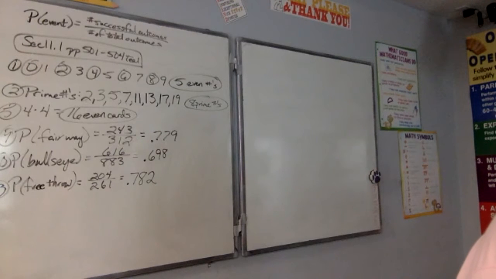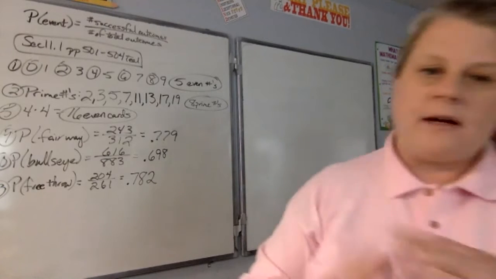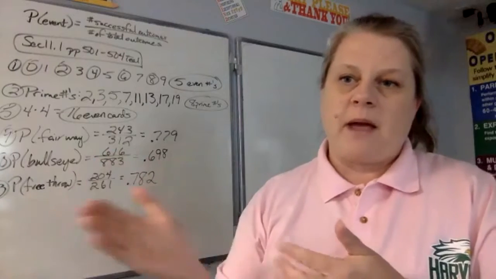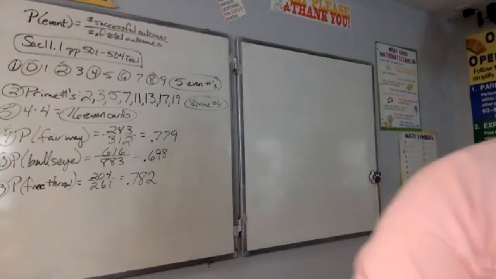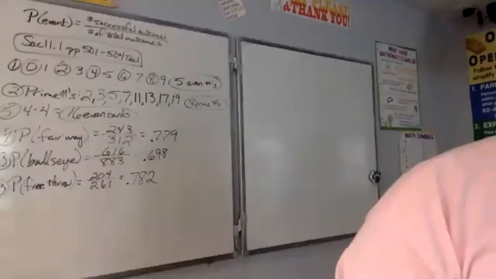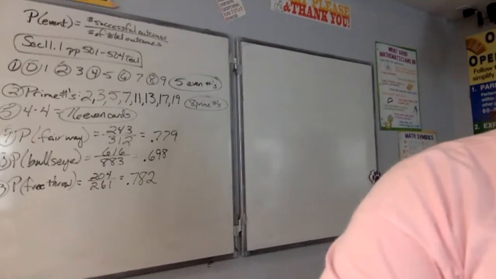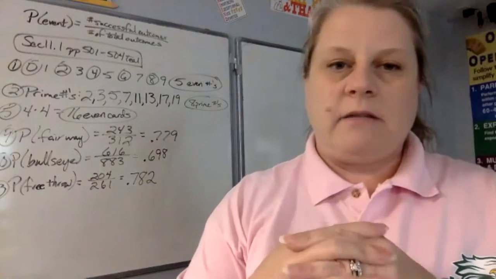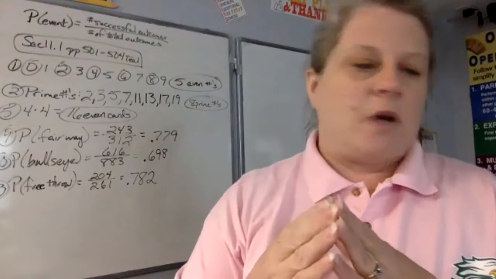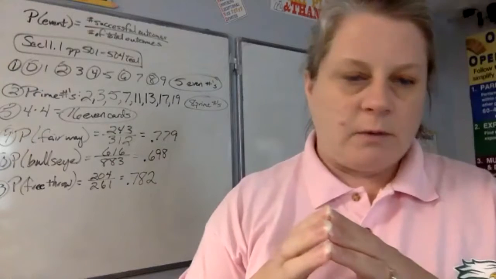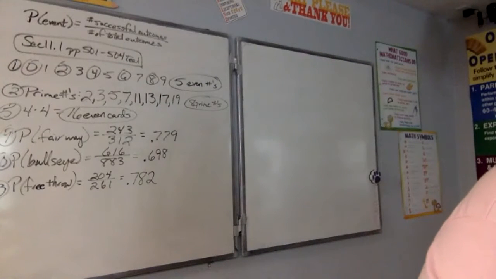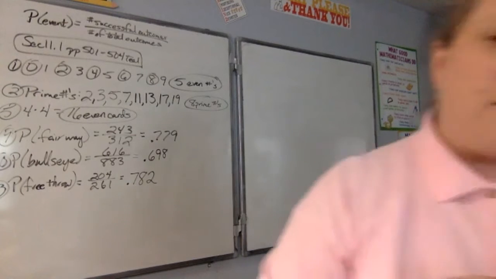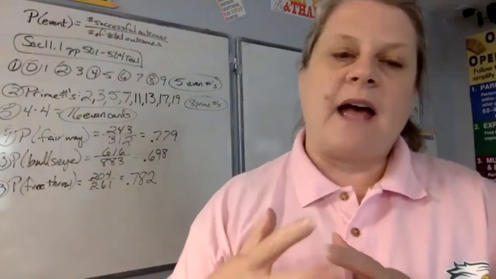For probabilities to be valid, we had some basic rules at the top of page 498. So just flip back a couple of pages. I don't like rules. Up at the top of page 498, there are some basic rules for probability. The probabilities all have to be between 0 and 1. Also, if I add all of them up in a group, they have to add to equal 1.